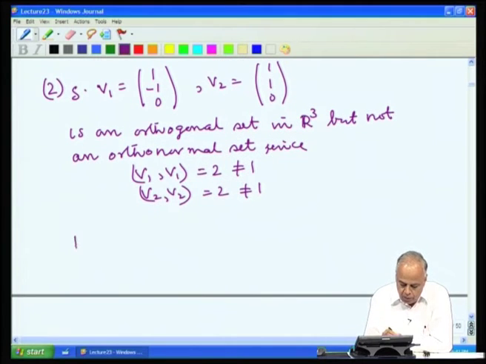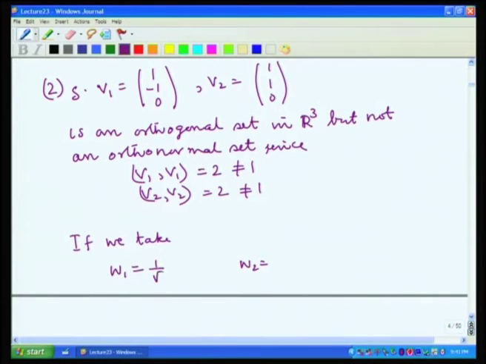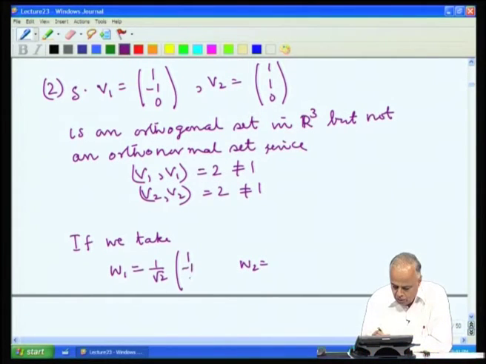But now, if we take the new vectors w 1 and w 2, which are obtained by normalizing v 1 and v 2, what is meant by normalizing? They do not have length 1, so now we divide by the length, then we get a unit vector. We take v 1 and divide by its length, which is square root of 2, and we take v 2 and divide by its length.